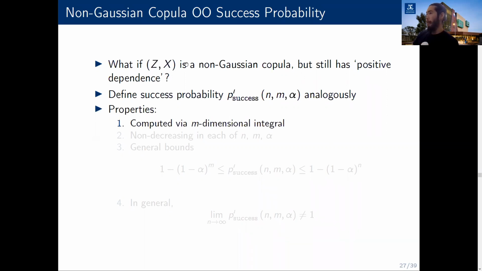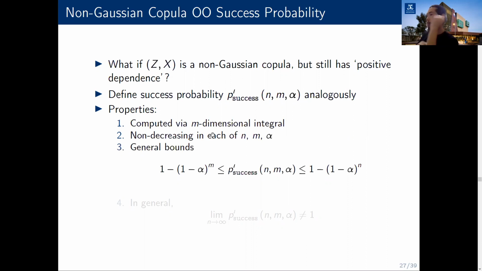And we can also obtain a few properties, and some of these are similar to before. We can still compute this using an m-dimensional integral. We've also got this monotonicity property. We can also come up with some general upper and lower bounds for this success probability.